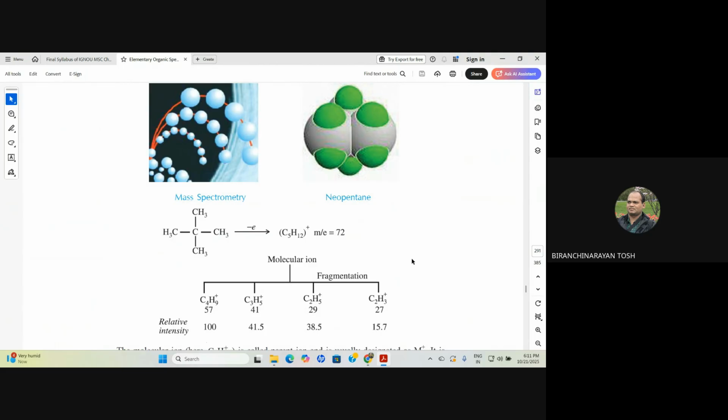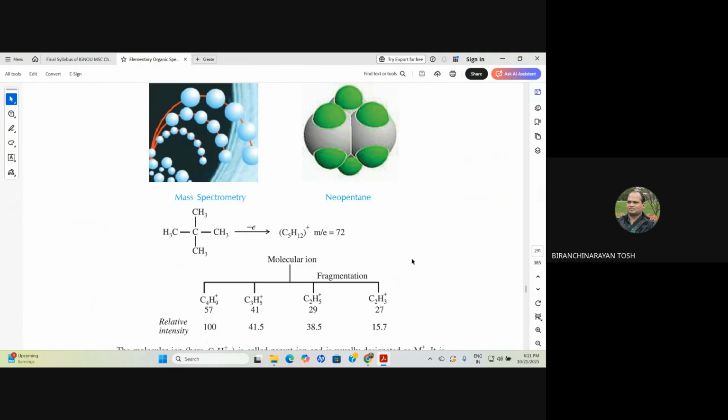The molecules are ionized and then broken into many fragments, and obviously, some of which are positive ions. And each kind of ion, because they will split into different fragments giving positive charge ions, will have different mass, or in other words, they will have different mass to charge ratio, m by e ratio.